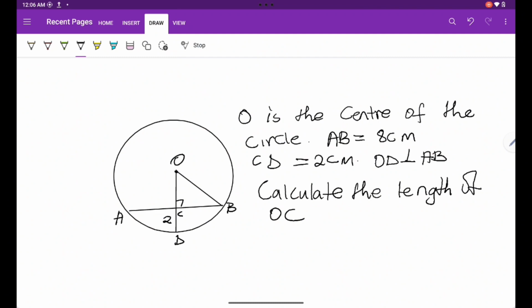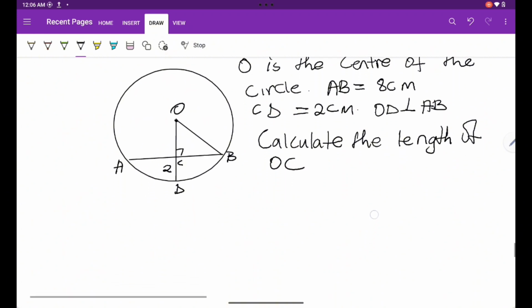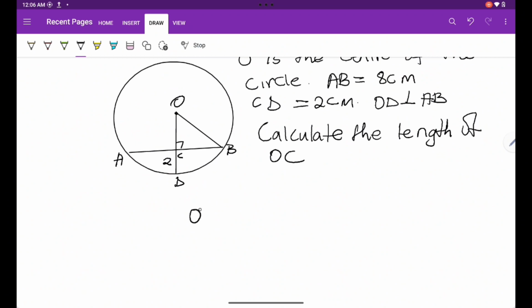The basic thing when you deal with this type of question is to identify your radii. For example, you should see that radius OB is the same as radius OD. If you can do this, then you will win your battle very easily, because the radii of a circle are equal. What must we calculate? The length of OC.